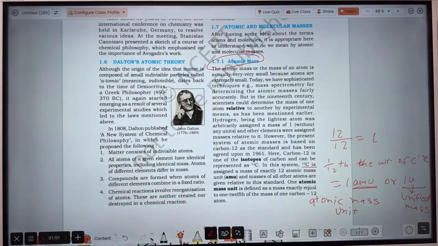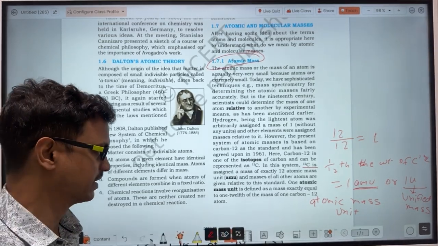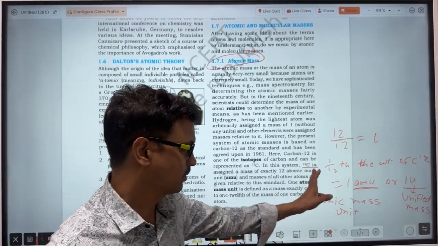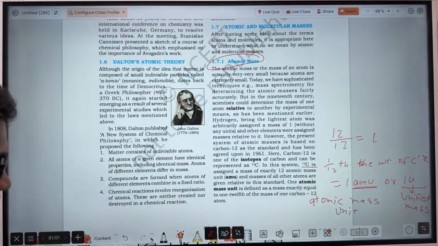So to calculate the atomic mass, the carbon 12 isotope is taken as a standard, and 1/12 the weight of one atom of carbon 12 is called 1 AMU or 1 U.